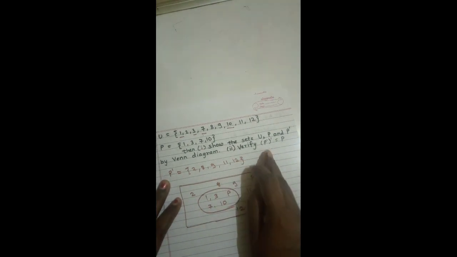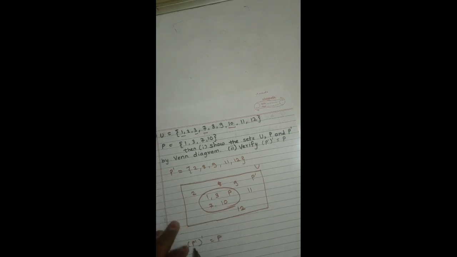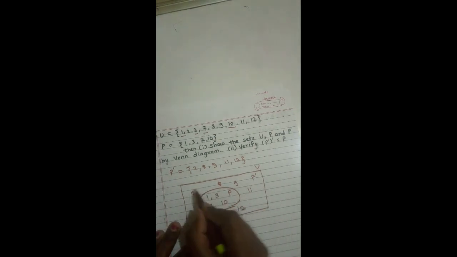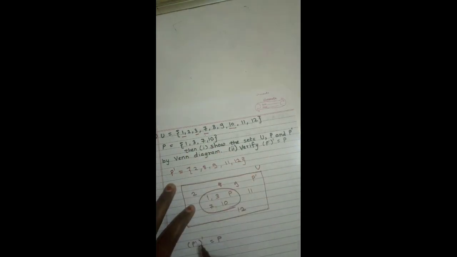Second is verify P complement of P complement is P. We can see here P complement is this set. This is our P complement.